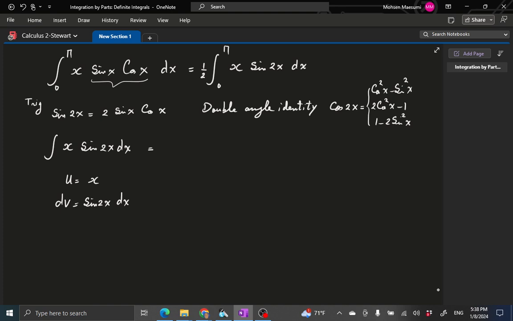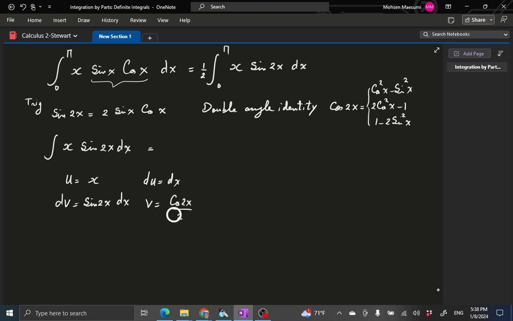And so that's the advice that we used here. So what happens to du? Of course, du is just dx, and v has to be easy to figure out here. Antiderivative of this thing, of course, is cosine of 2x over 2.